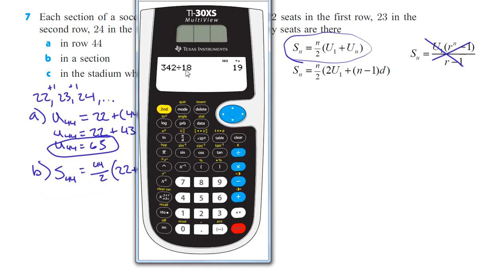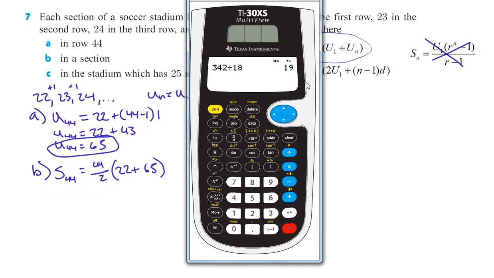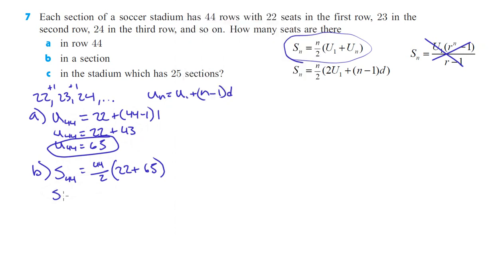So we do 44 divided by 2, which is 22, times 22 plus 65. That gives us 1,914. So the sum of all 44 rows in one section is 1,914 seats.